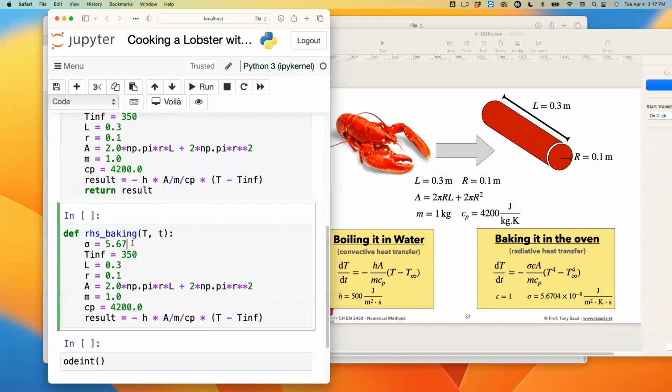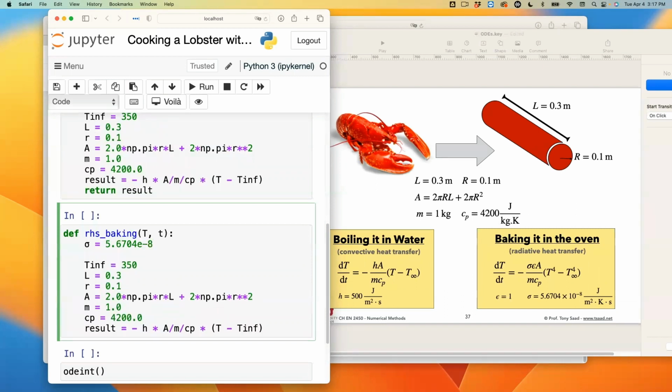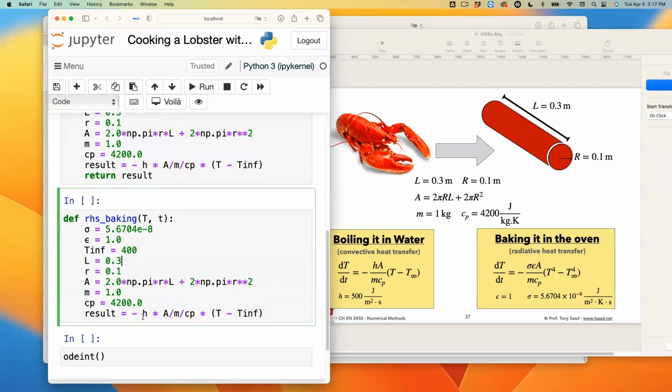And for this one, sigma is 5.6704e-8. And then emissivity is epsilon, which is 1. Now T infinity for the oven, let's say it's 400. L, R, A are the same.